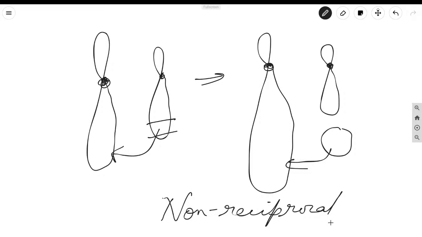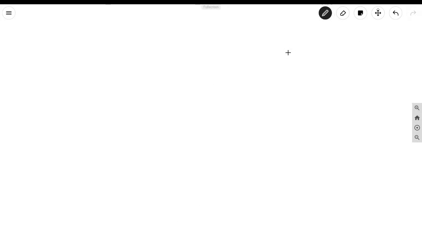And the third one is the Robertsonian translocation. It really happens in the acrocentric chromosome pairs, where one arm is very long and one is a very short arm.